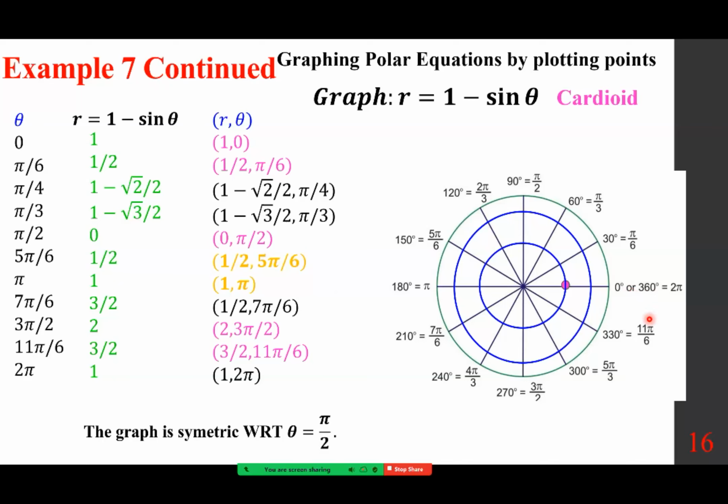So that's your point. 1/2, pi over 6. So assuming this is about pi over 6 and this is 1, so about 1/2 is roughly here. Again, rough, maybe not exact.